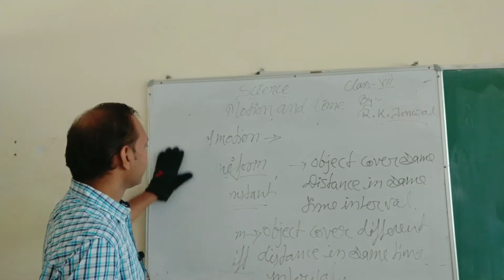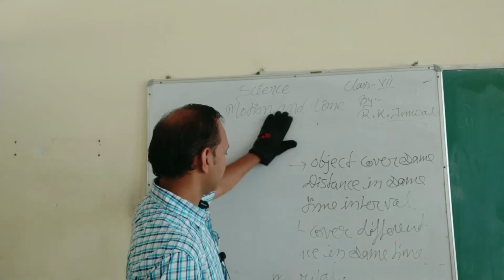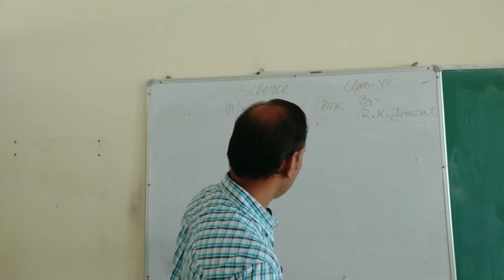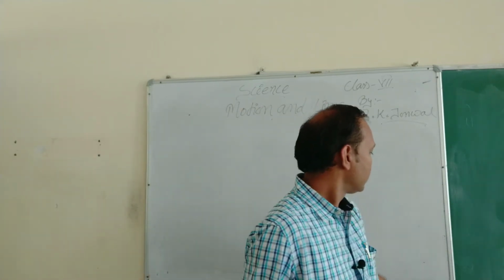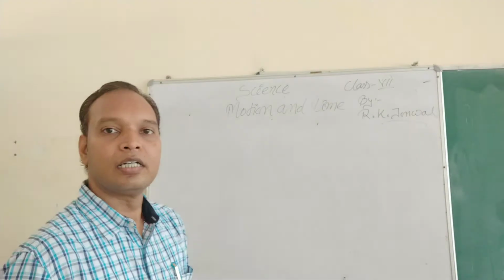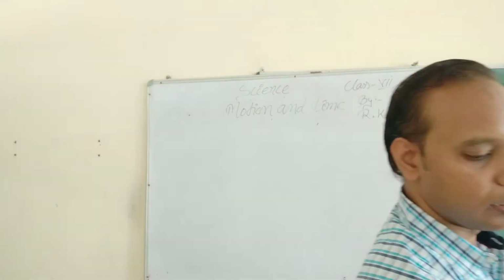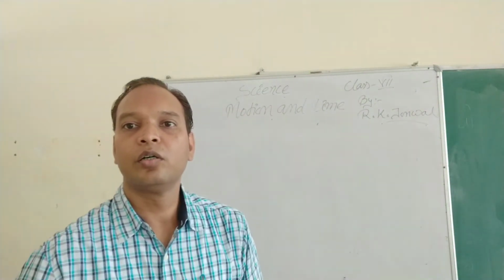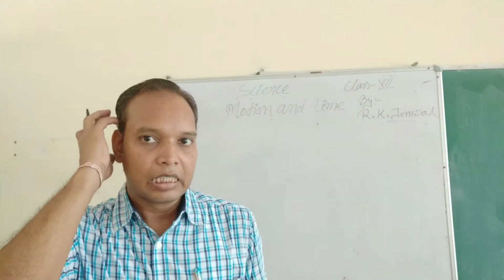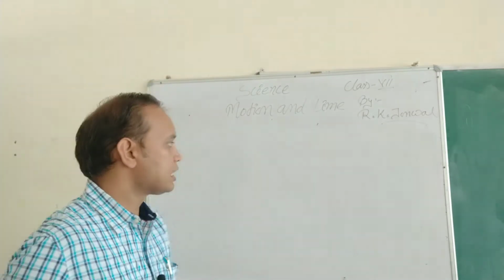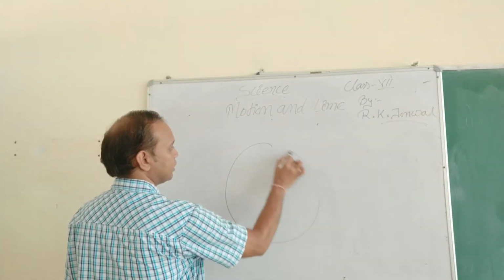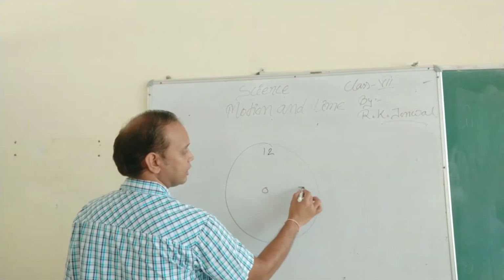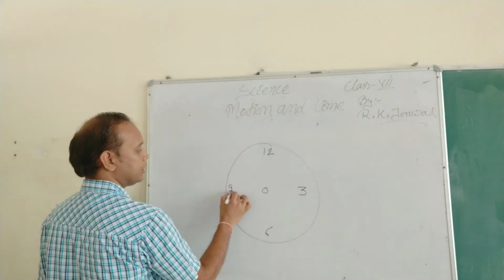Next one is how you can find out the time. Okay, you all know what is time. You all know how to read watches. In our watch, you can see the 3 needles here. Here is 12, here is 3, here is 6, and here is 9.